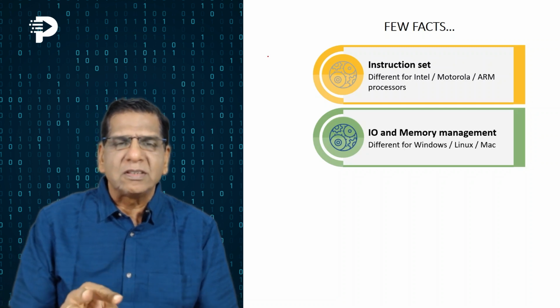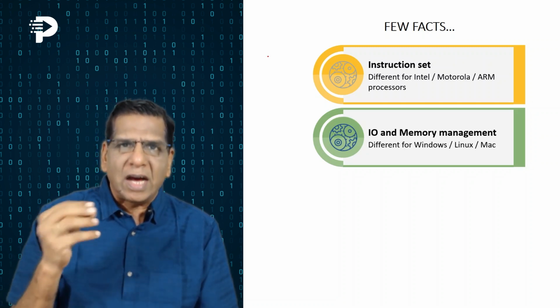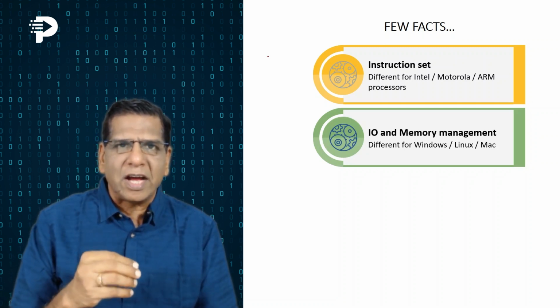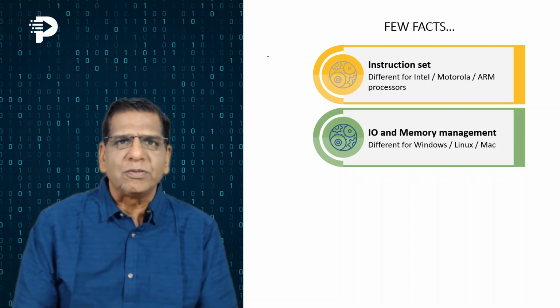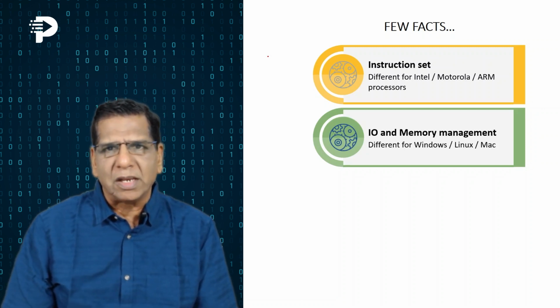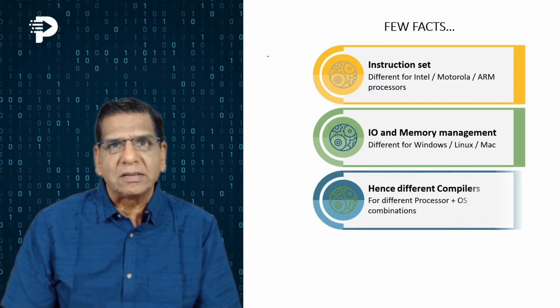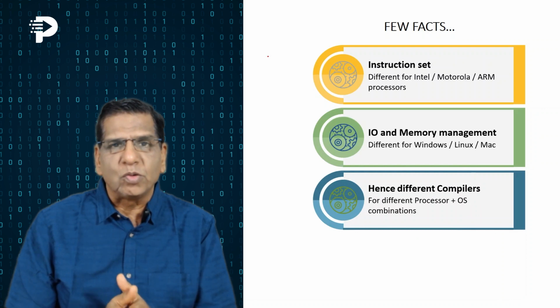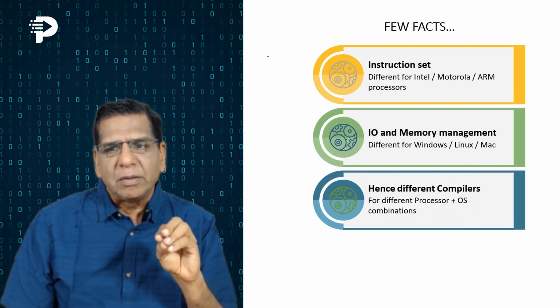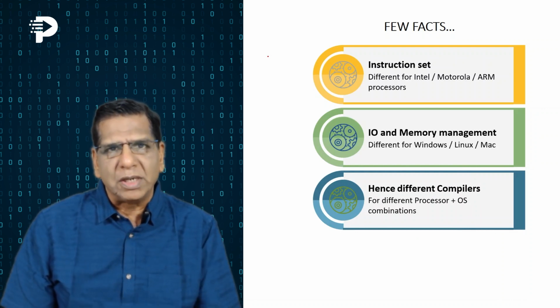So one difference is at the microprocessor level, another set of differences, that is I/O and memory management, exist at the operating system level. That is why you have different compilers which are targeted towards a combination of microprocessor and the OS.